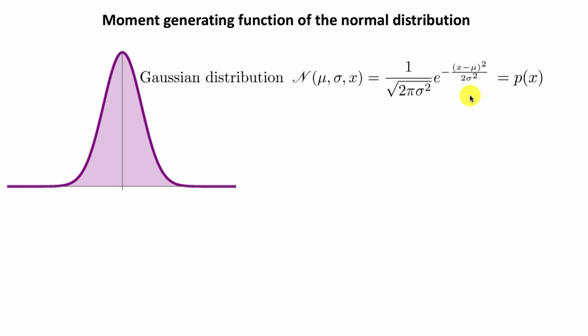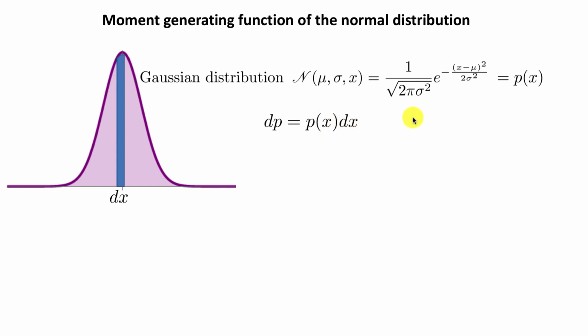We shorten this, we write this as p of x, and the interpretation is that the probability of finding x between x and x plus dx, that is to say in this small range of x, is equal to p of x times the width dx.